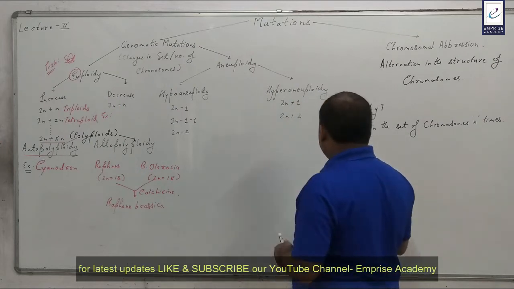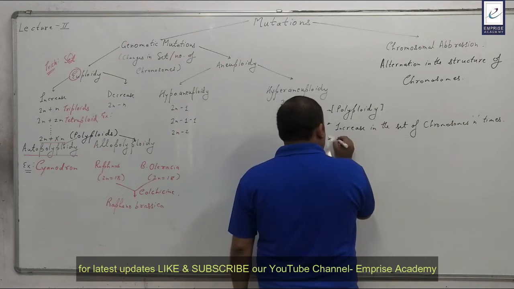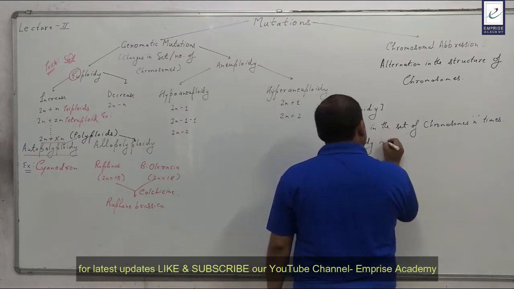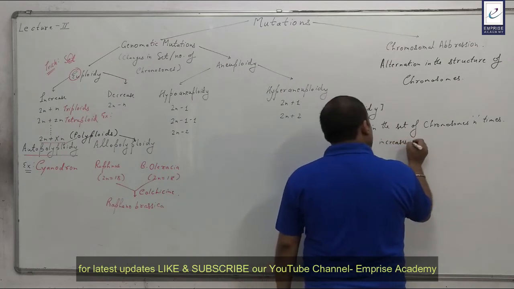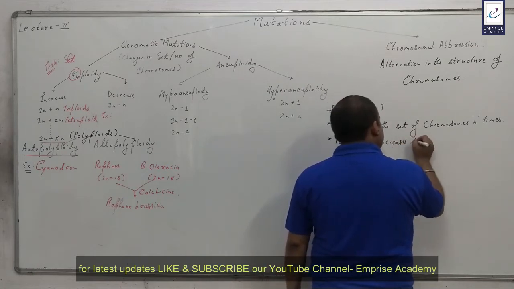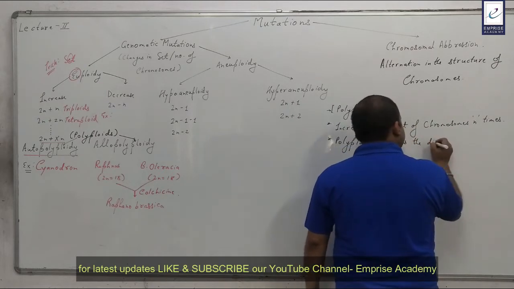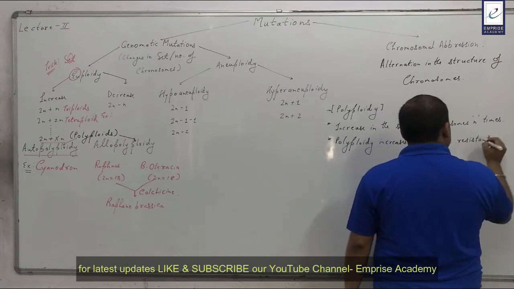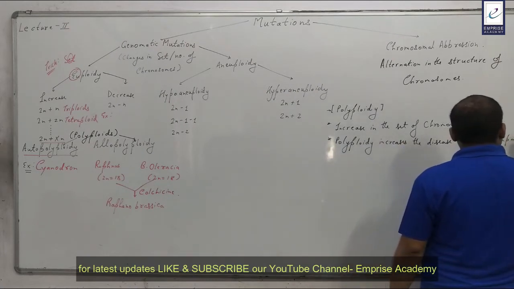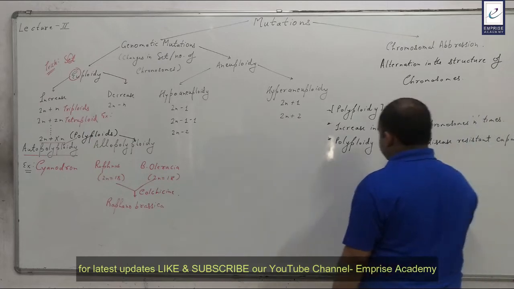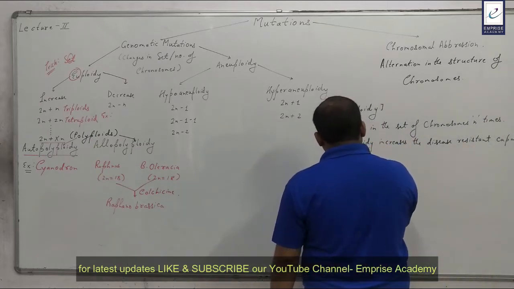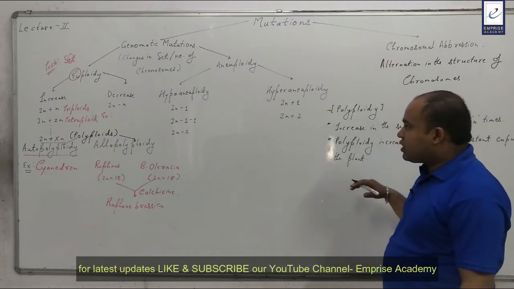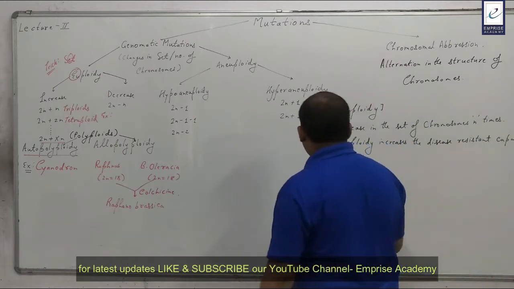Those two important points are: polyploidy increases or enhances the disease resistant capacity of the plant. The diseases are not going to take place in the case of plants.